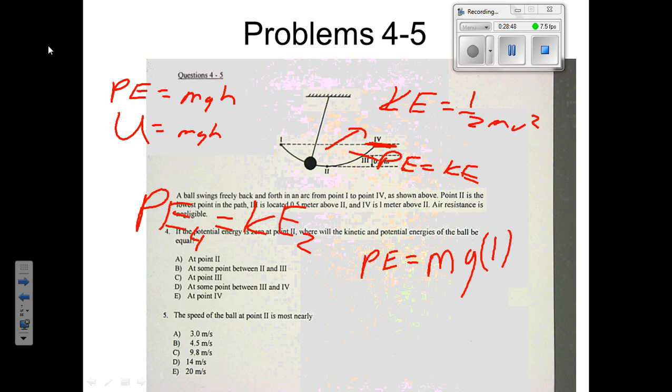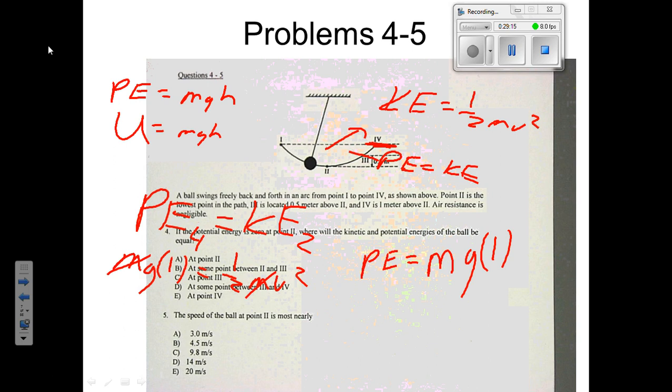So the potential energy at point 4 is going to be equal to the kinetic energy at point 2. Let's set the equations equal to each other. mg, and remember h was just 1 at point 4, is equal to, what's our kinetic energy equation? 1/2 mv squared. What happens to the m's? They cancel.